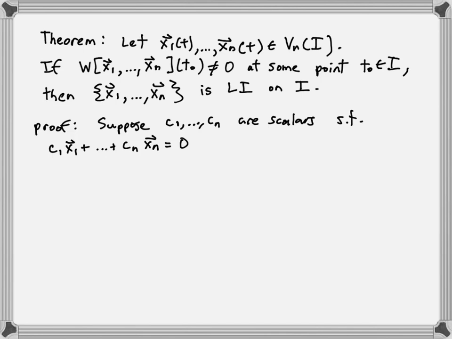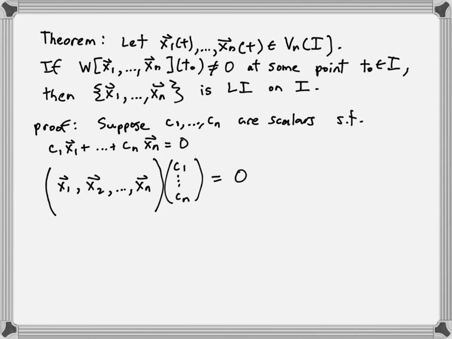We can actually formulate this as a matrix problem. If we put those all as columns in a matrix, then what this is saying is that that times this is equal to 0, right?